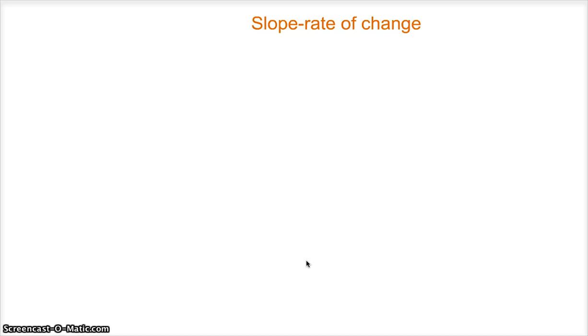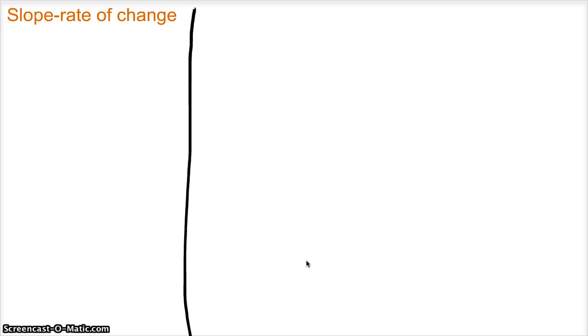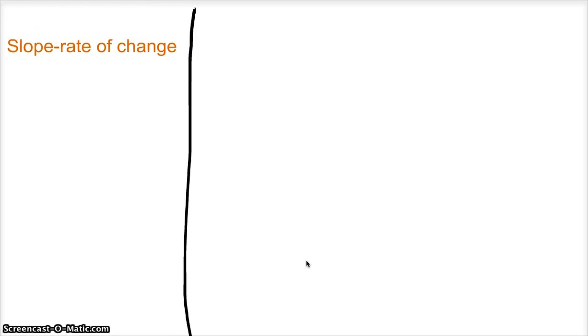On the other side, on the next page, I did make you divide it something like this. We're writing on the left-hand side. I want you to write slope is rate of change. It's how fast something is changing, either decreasing or increasing.